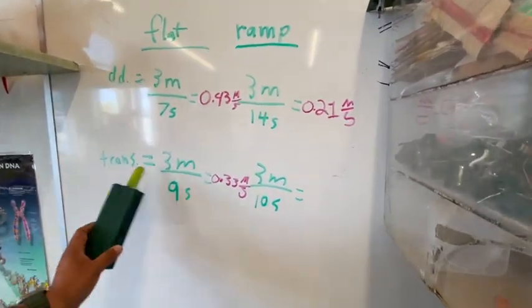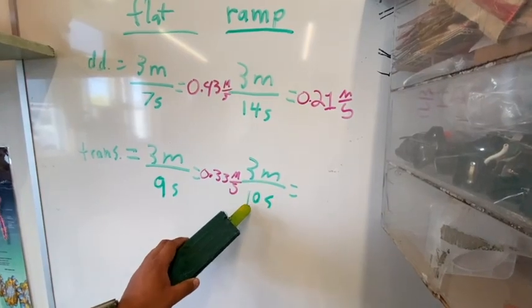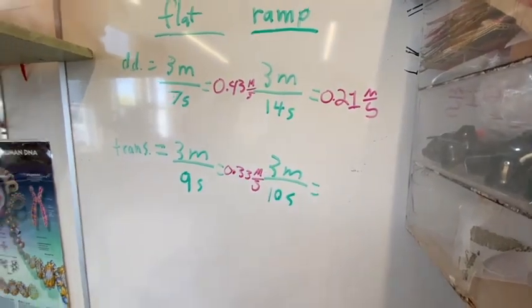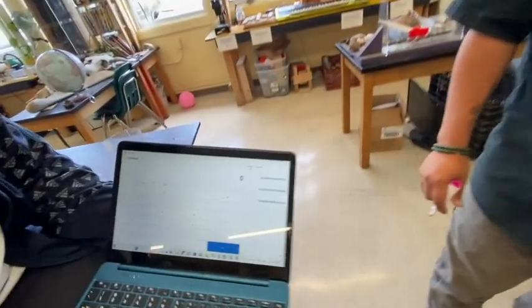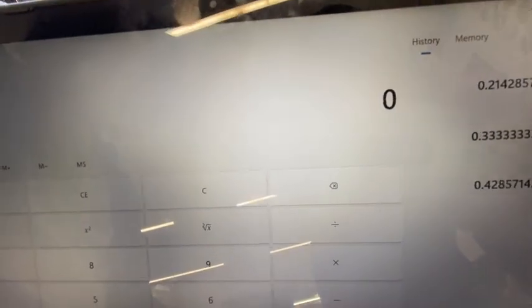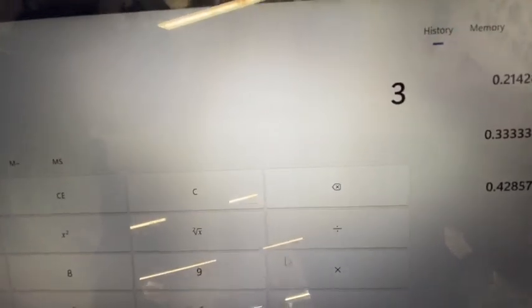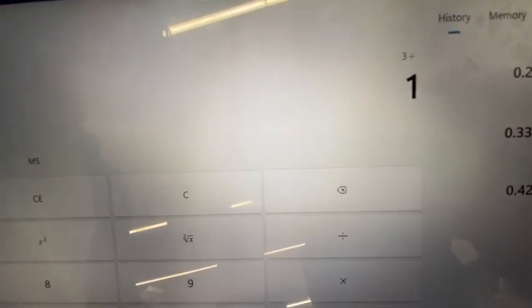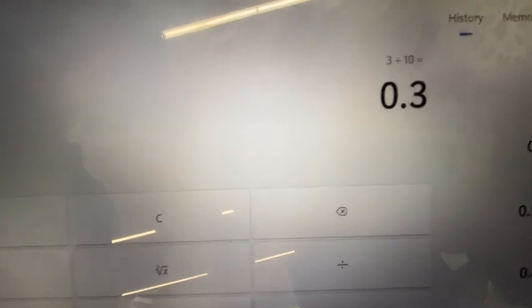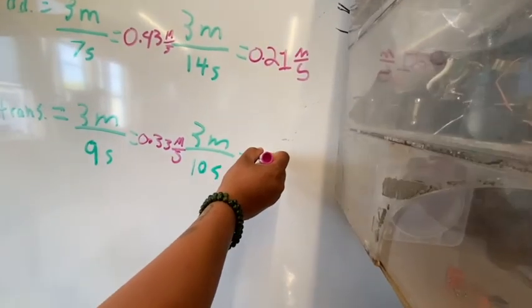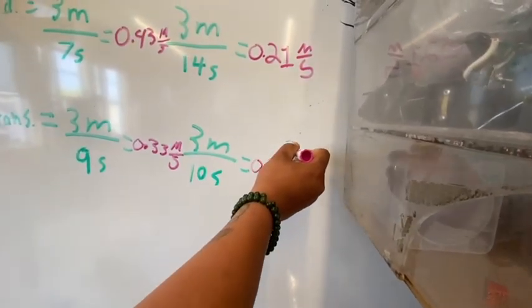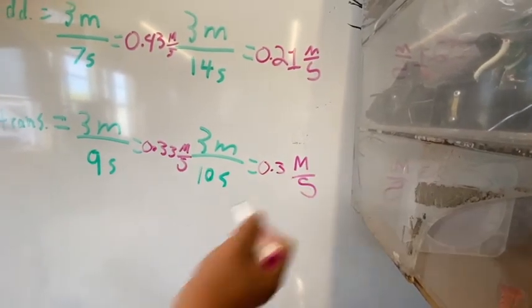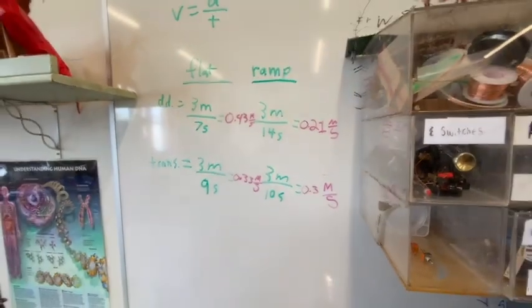Okay, now let's do the transmission. So it took 10 seconds for it to go up a 3-meter incline. Cool. So that's 0.3 meters per second. Awesome.